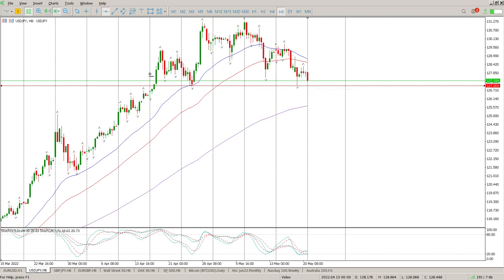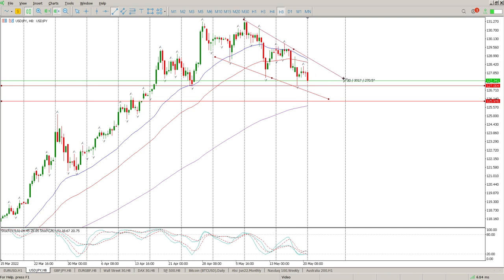However, we do have two gaps here, one there and one there, which could act as support. So if you look at that 125.976, the other thing that is pretty interesting on this pair is we have what, in my view, is looking like a potential flag.